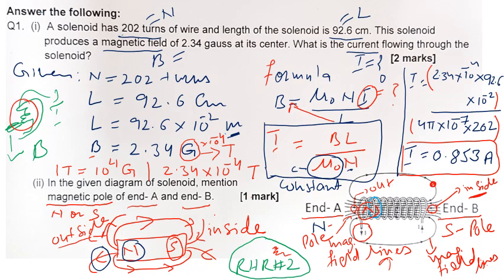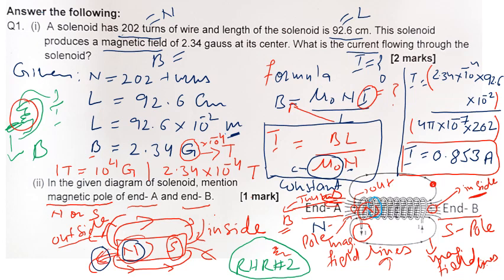If you keep your hand here, your thumb will go in this direction, and this thumb is the direction of the magnetic field B. So the thumb is coming this side. The thumb is going out, meaning the magnetic field is going outside. The field going outside means this is the north pole.